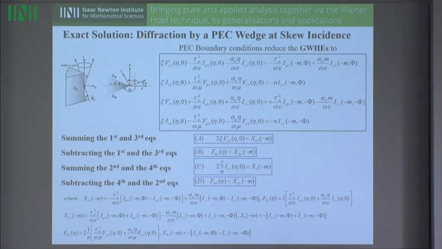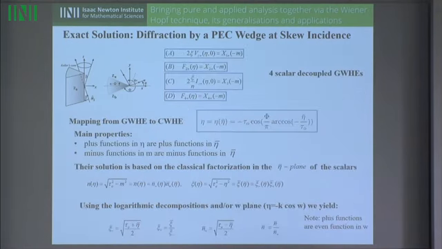So we need to solve this kind of equation. This system of equations has a peculiarity. It's decoupled. So we have 4 scalar decoupled generalized Wiener Hopf equations. So we can proceed by factorization, equation after equation, to get all the unknowns.